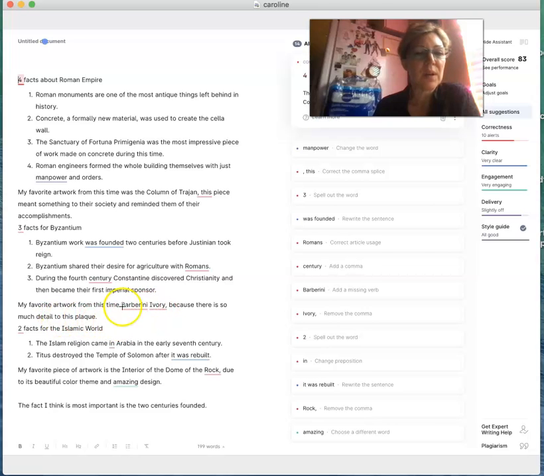Right. So what could you state specifically about the Barberini ivory? Yeah, there's a lot of detail. Most artworks do have detail. I want to know, what details did you like? Okay. Good.